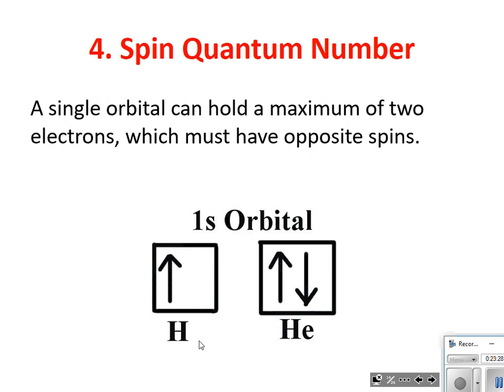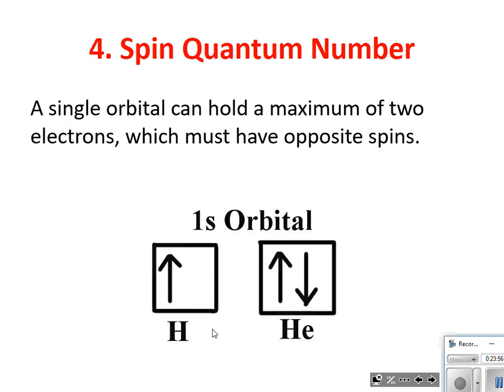So, here's hydrogen. Hydrogen is on the main energy level 1, the first energy level. Look at your periodic table. How many elements are on the first energy level? 2. Hydrogen and helium.